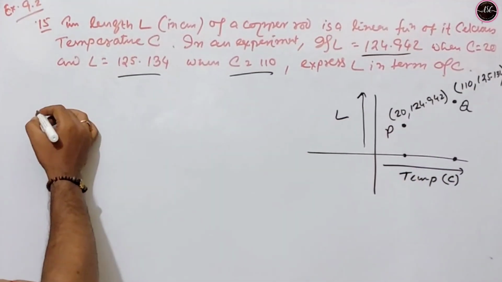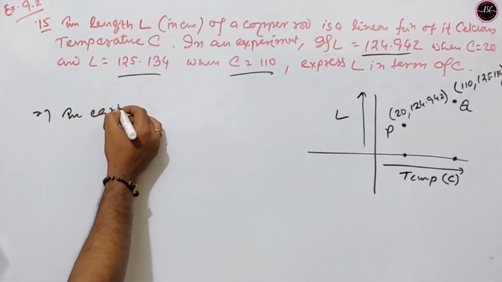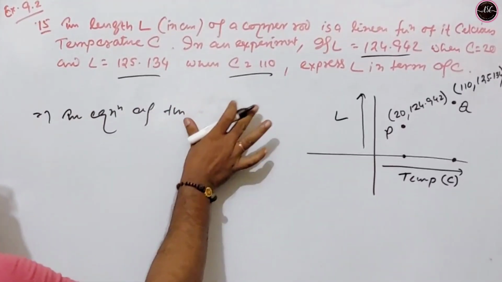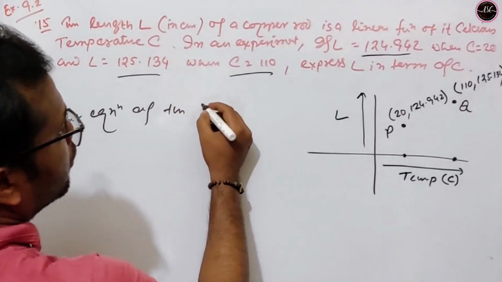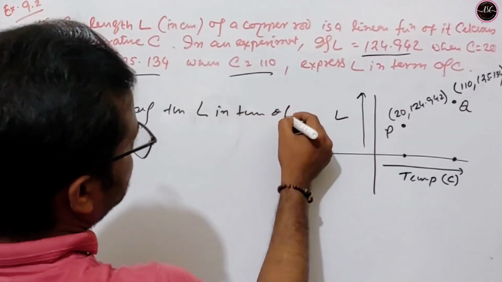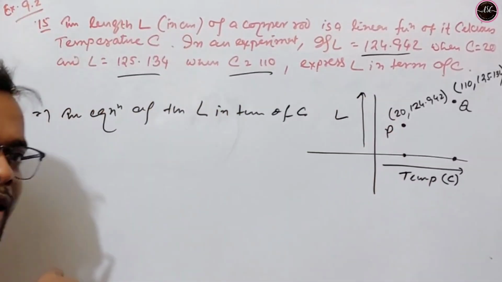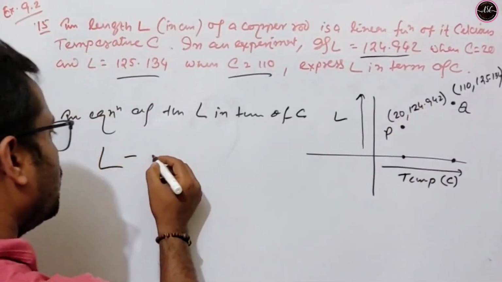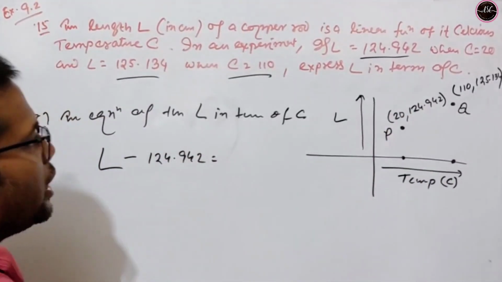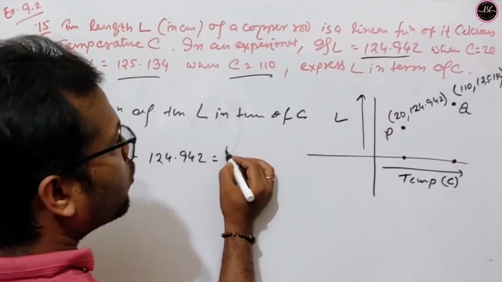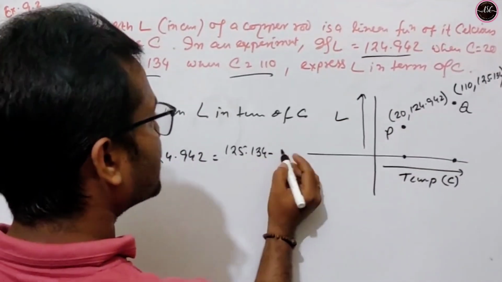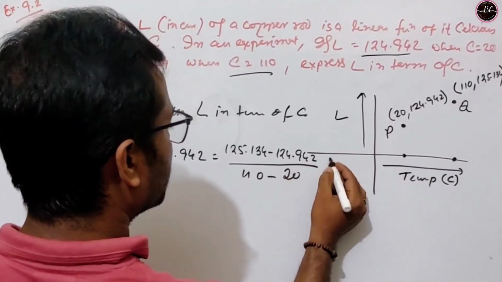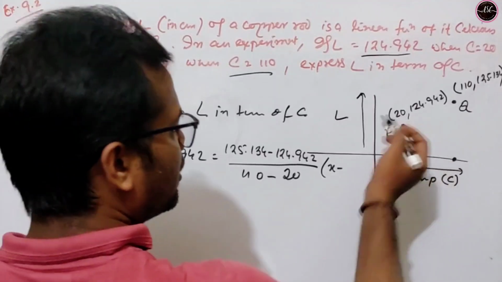So the equation of the line, the equation of L in terms of C. Here L is along the y axis, so in place of y we write L. L minus y1 equal to, here y1 is 124.942, equal to m, where m equal to y2 minus y1, that means 125.134 minus 124.942, divided by x2 minus x1, that means 110 minus 20, into x minus x1, here 20.